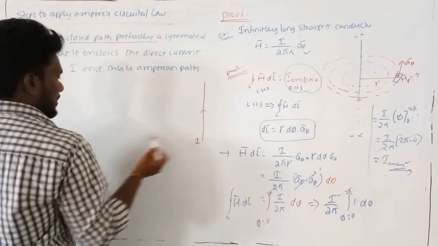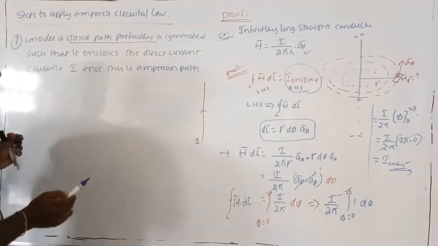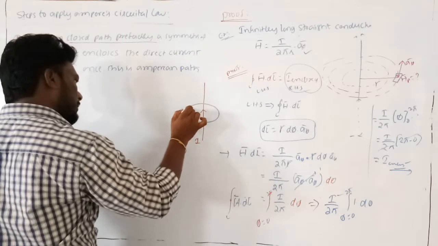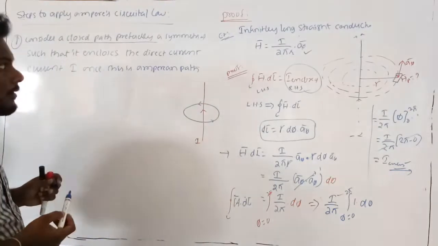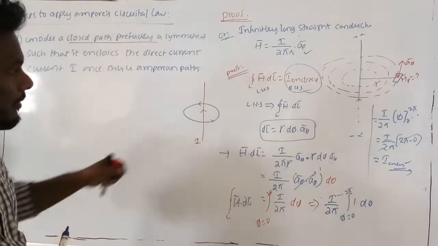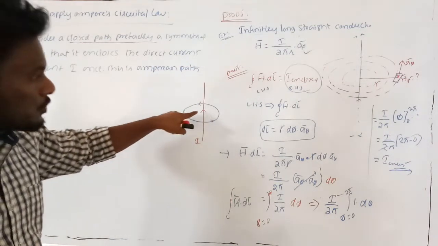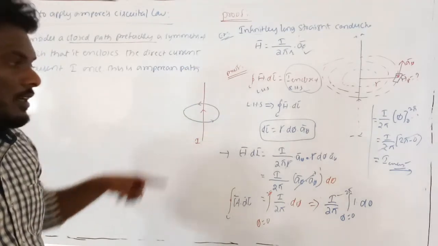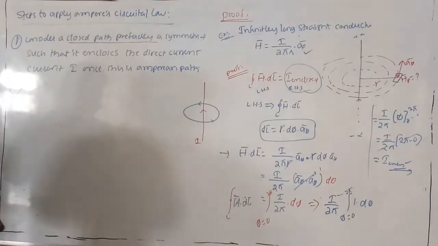That means for this conductor you select a closed path. That closed path may be of any shape, preferably symmetrical, and need not be circular. It may be any shape, but it should enclose the entire conductor. So this path encloses the entire conductor.